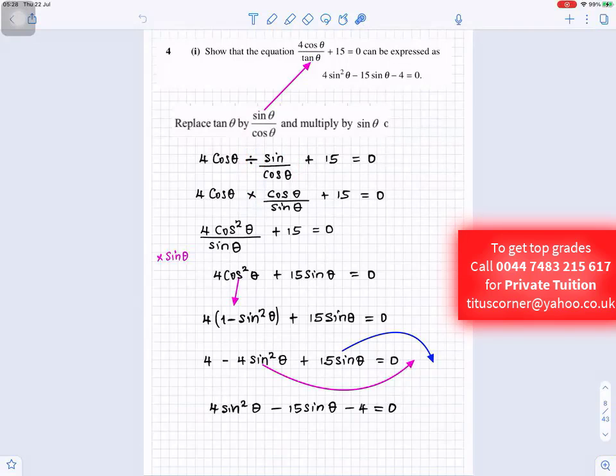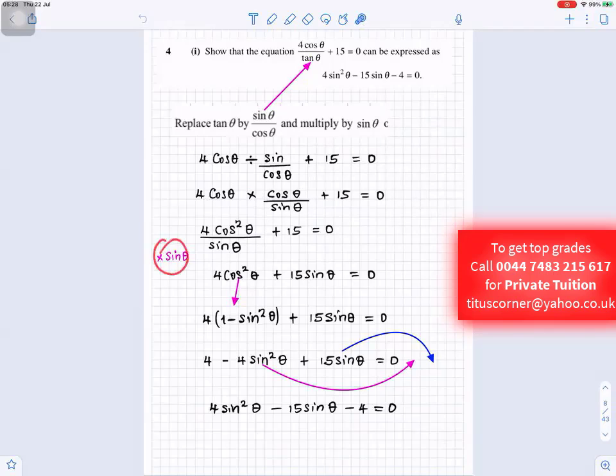So it becomes 4 cos theta times cos theta over sine theta plus 15 equal to 0. Cos theta times cos theta gives you cos squared theta. So it's 4 cos squared theta over sine theta plus 15 equal to 0.